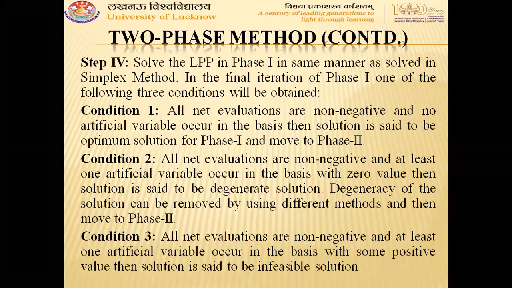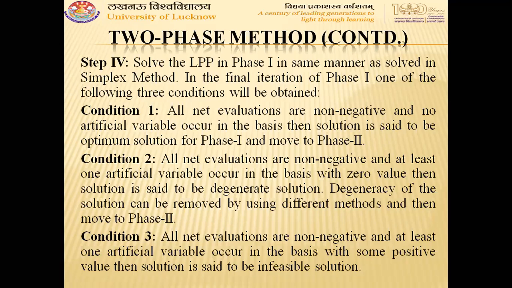In the third condition, we obtain that all net evaluations are non-negative and at least one artificial variable occurs in the basis with some positive value. That means all Zj minus Cj are greater than or equal to 0, and at least one Ai has some value.